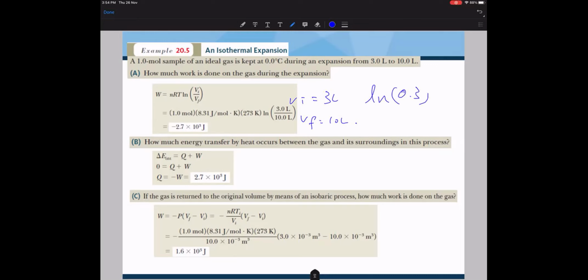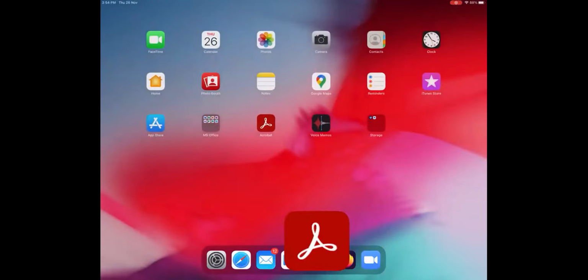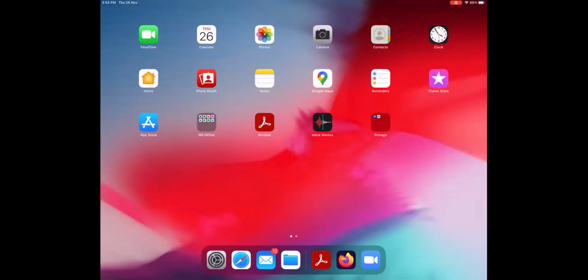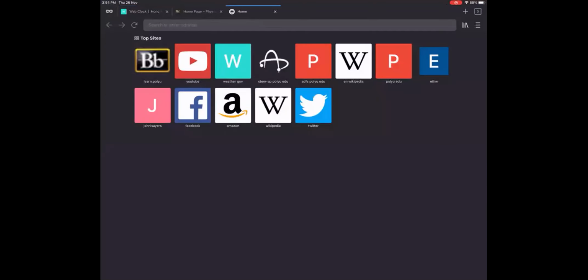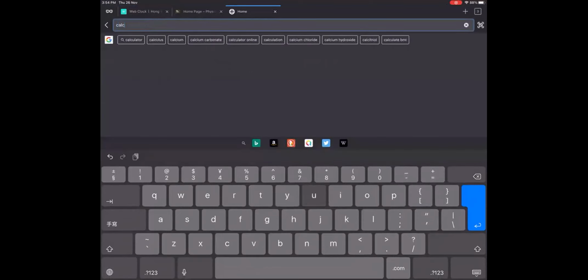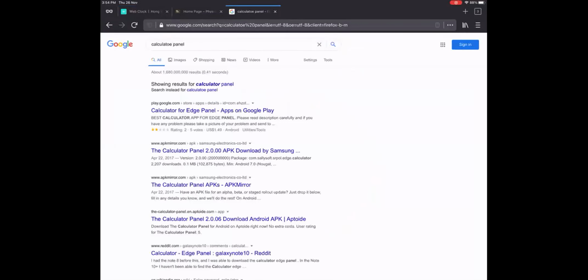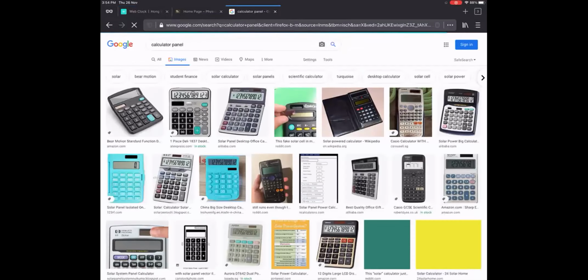Please take out your calculator, just in case you do not know. Let me see if I could find it. You need a scientific calculator.